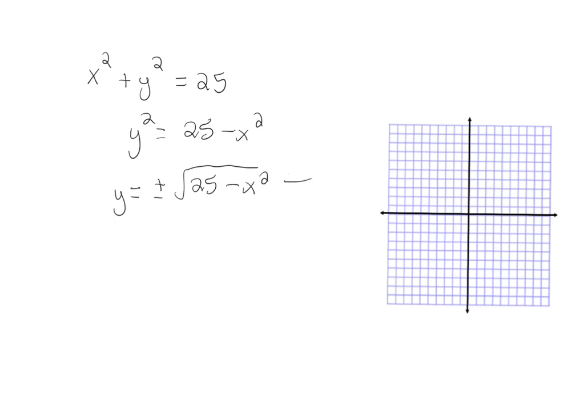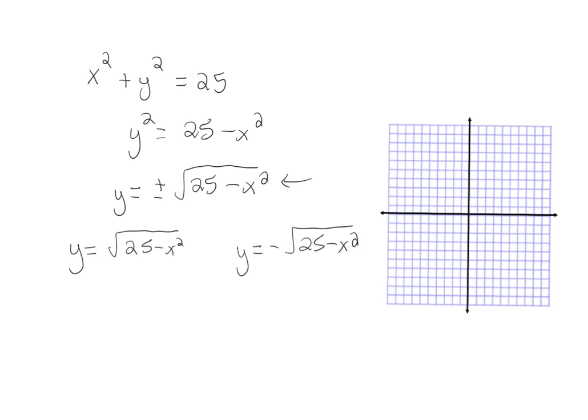So this is another form of a circle, but sometimes we will see this split up. So maybe we'll only see the positive square root of 25 minus x squared. Or maybe you will see just the negative.